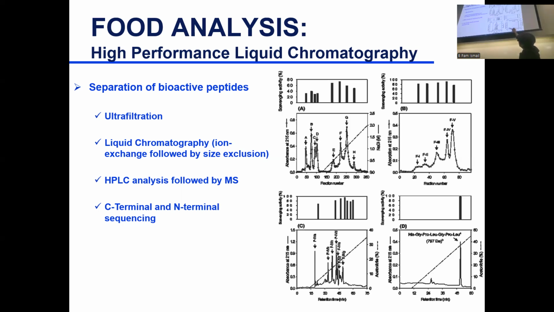So you can run it through C-terminal or N-terminal sequencing, or run it through MS to get its sequence. And then you can produce more of that one fraction. Long story short, use HPLC in tandem. You can purify as much as you can and then identify.